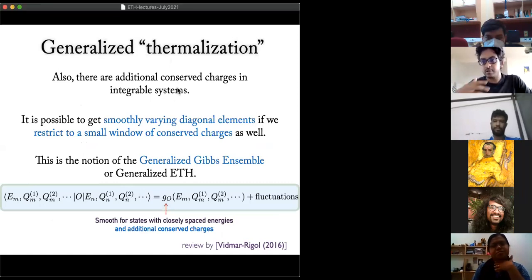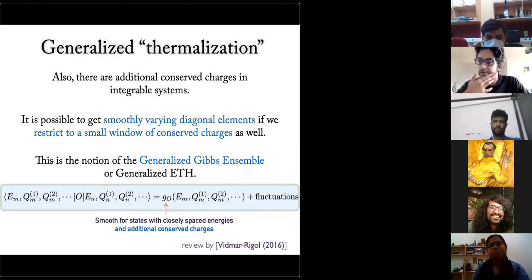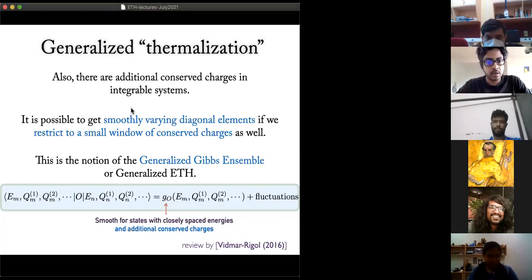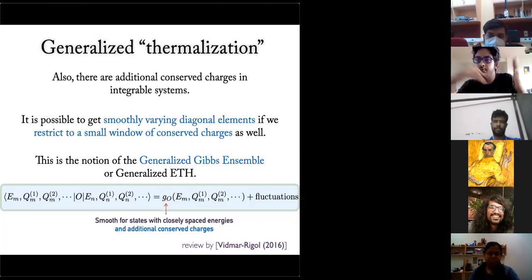In the quantum case, if you have an infinite dimensional Hilbert space like a field theory, then you have an infinite number of conserved quantities, and it's an integrable system. If you look at matrix elements of some observable, you usually don't have smoothly varying diagonal elements.